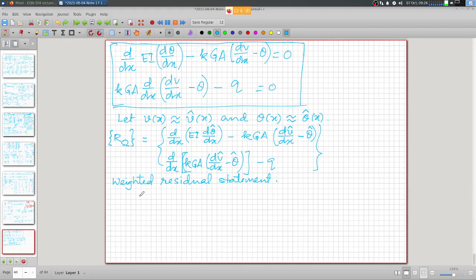So what will be the weighted residual statement? It's an equation, it's a vector. Now your domain residual is a vector. So what should the weighted residual statement look like?